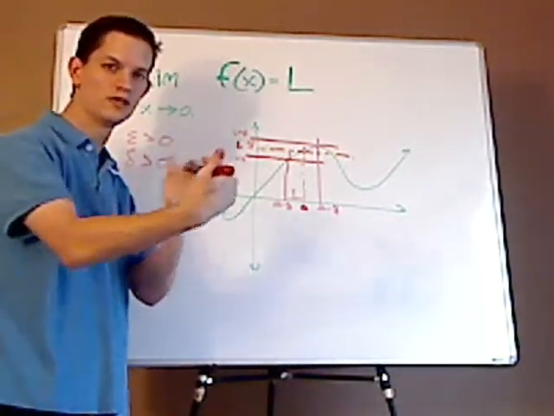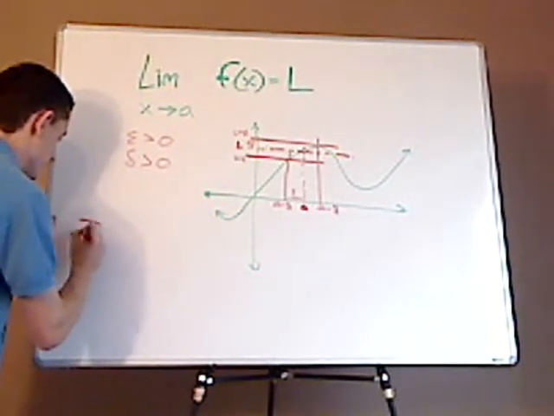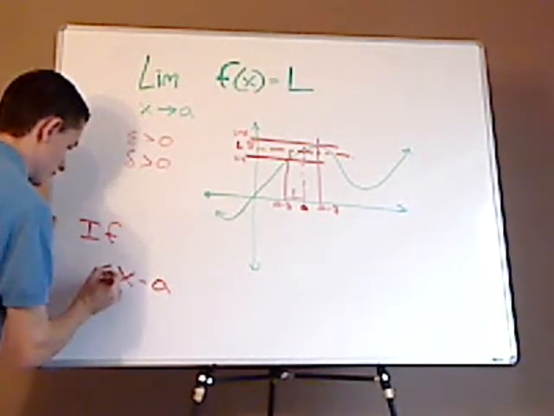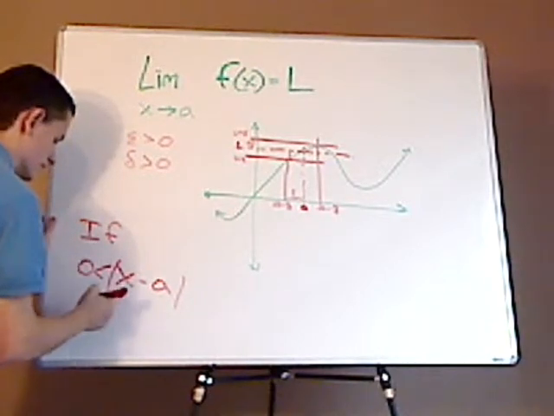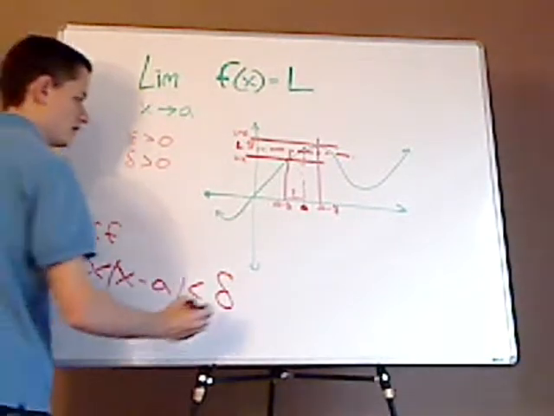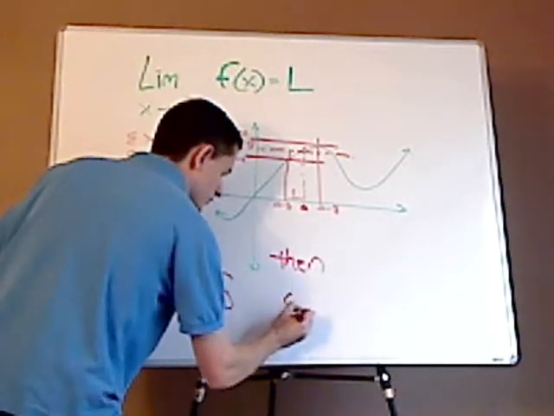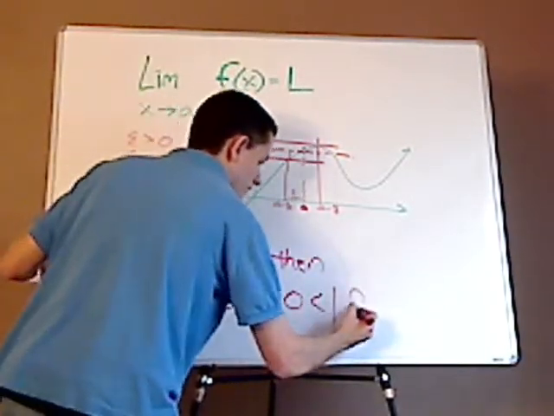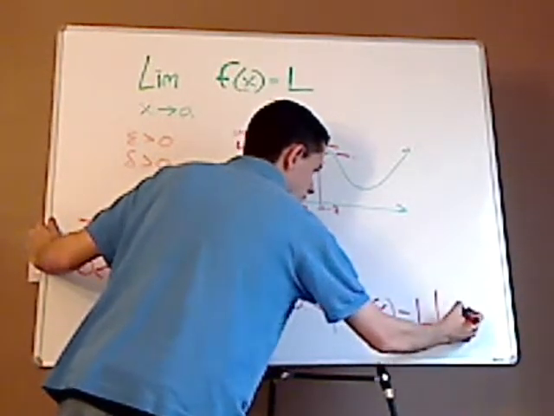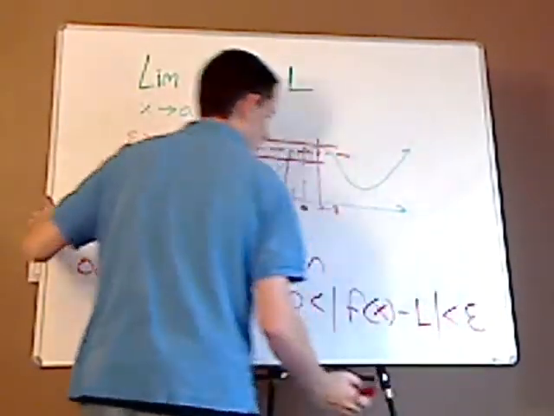So you have two ranges. You're starting with the x's. So if x, and remember we're dealing with distance, so you deal with absolute value, 0 is less than the absolute value of x minus a, less than delta, then the absolute value of f of x minus L is less than epsilon.